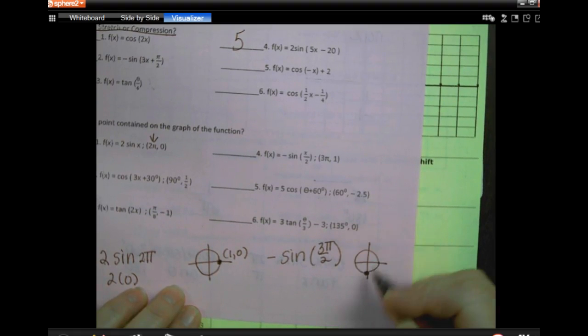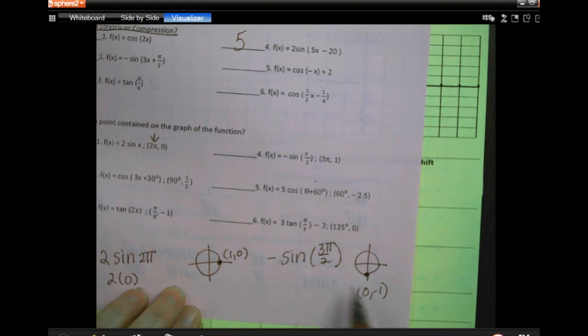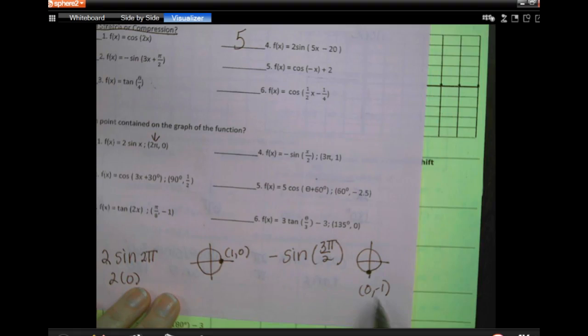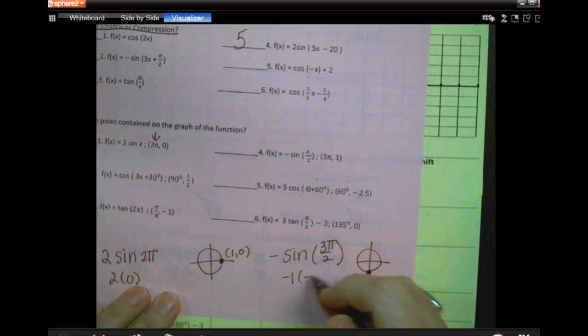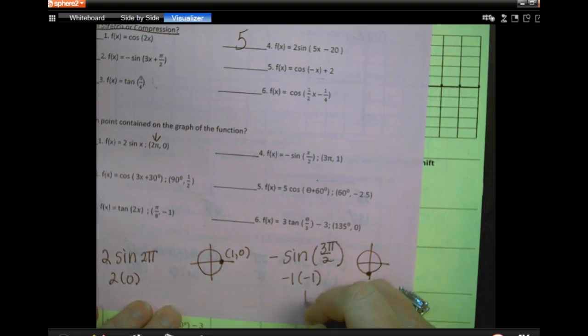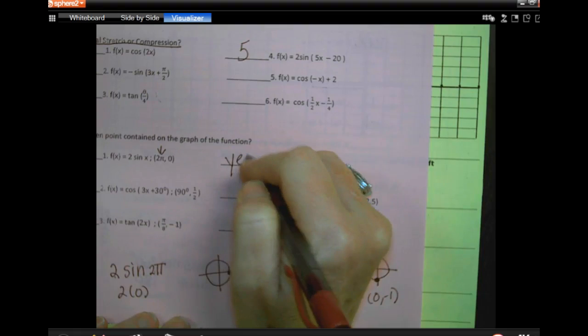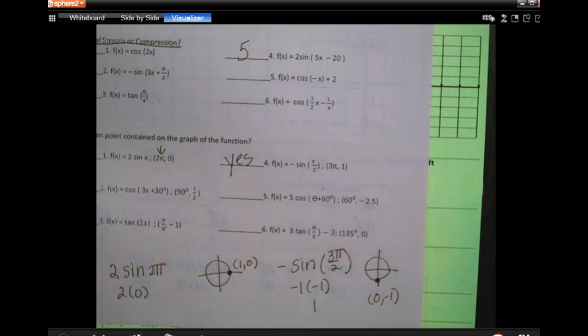Y. So at 3 pi over 2, I have 0 and negative 1. So the sine of 3 pi over 2 is negative 1. Negative 1 times negative 1 is positive 1. So does that match? So that is a yes. I'm not doing another.